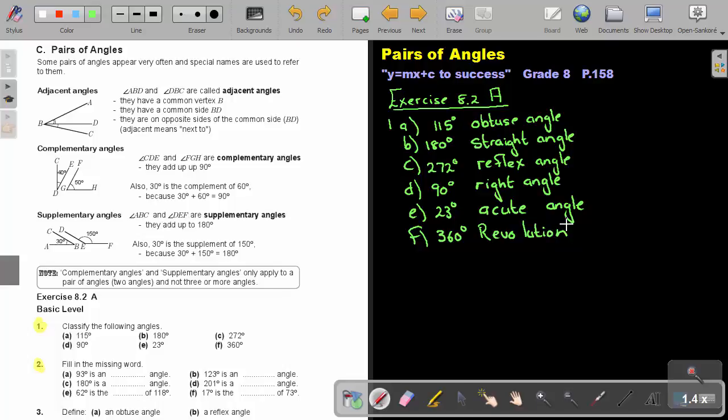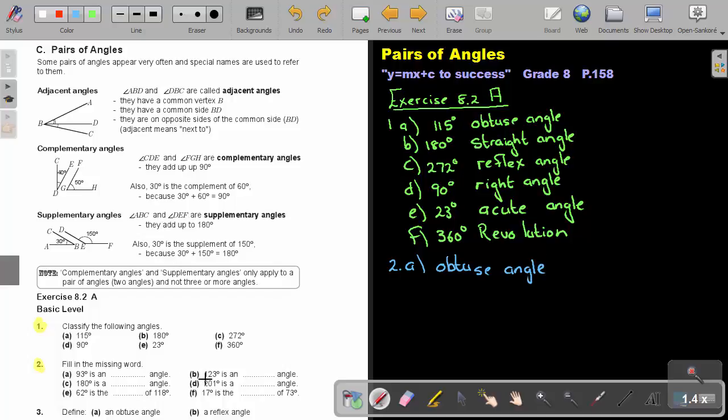Then let's quickly look at number 2, starting with A. Fill in the missing word. 93 is an obtuse angle, because it's between 90 and 180.